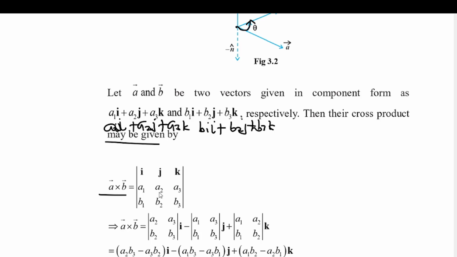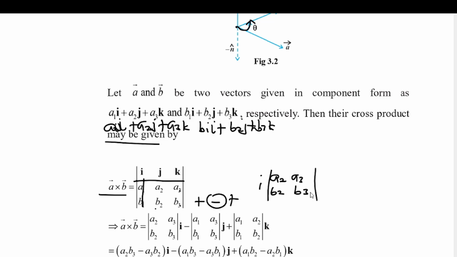And for that matter, we use the rule which is plus, minus, plus from the concept of determinants of matrices. If we take i, we delete all elements in the row of i and in the column of i. So it will be left with A2, A3, B2, B3, and that is what you have here.